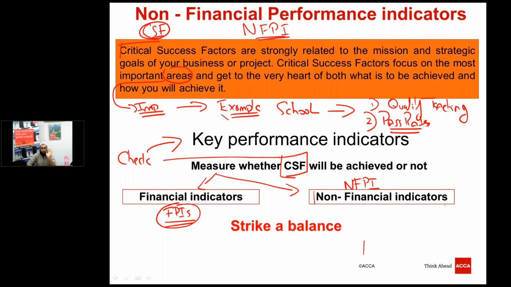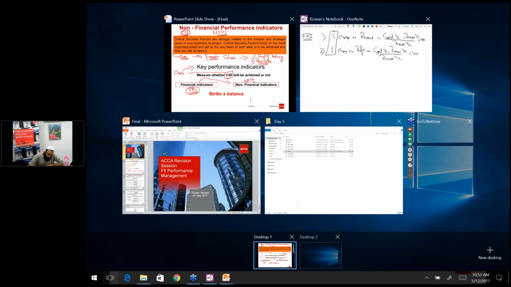Now, my dear friends, if I talk about the NFPIs, let's link that with some example. Let me give you a quick example here so that you get to know.